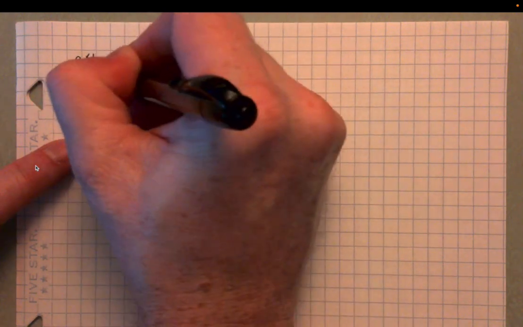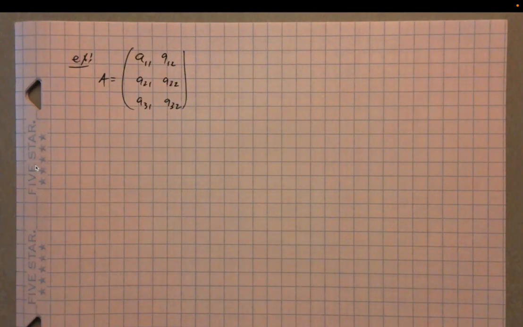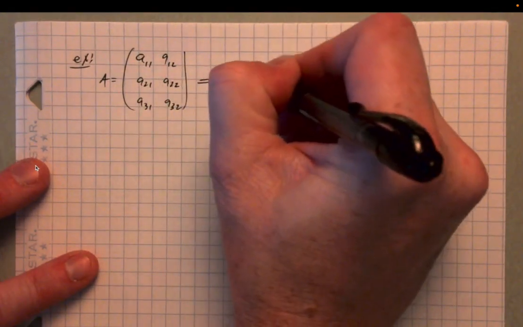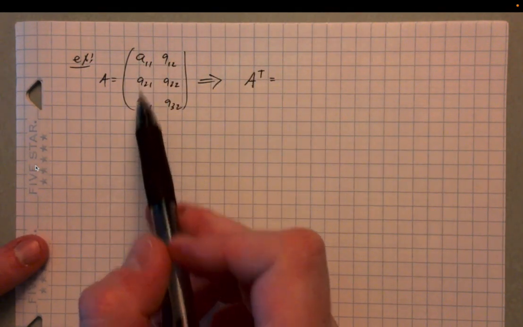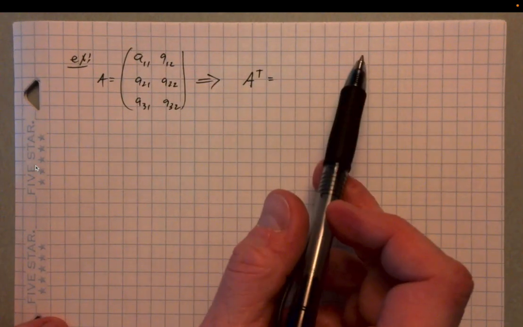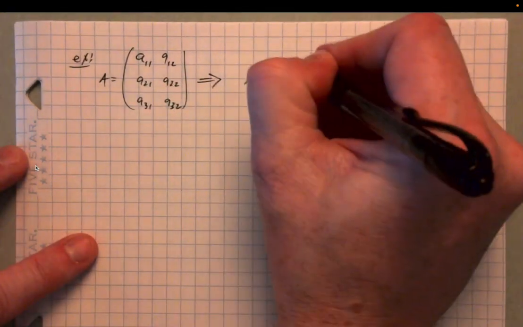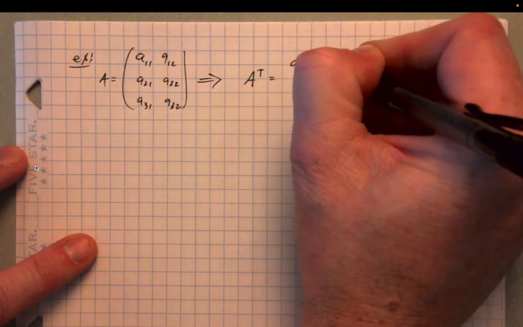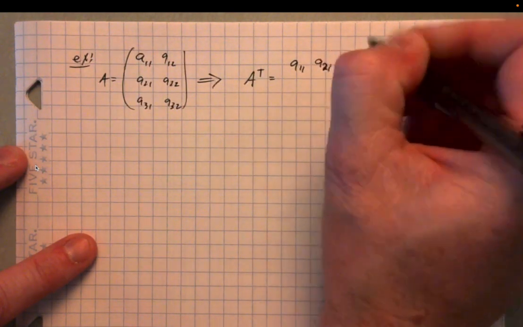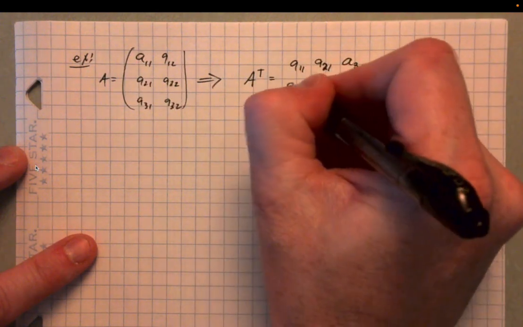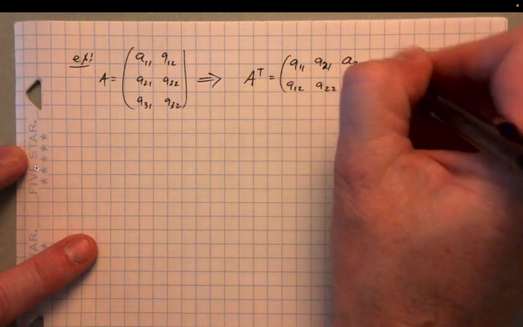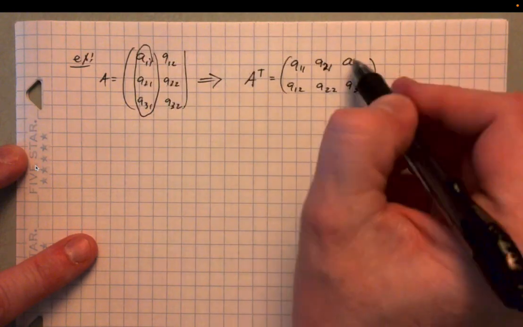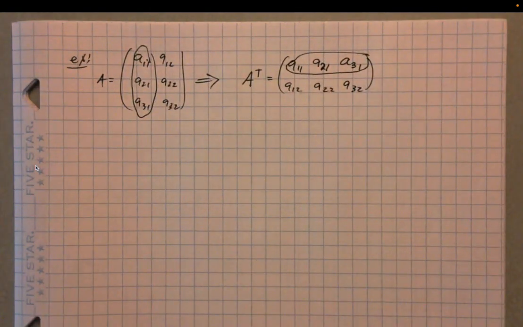So here's A. When we transpose this, these three values become the first row of the transpose matrix: A11, A21, A31. And then A12, A22, A32. So this guy here becomes this guy here.